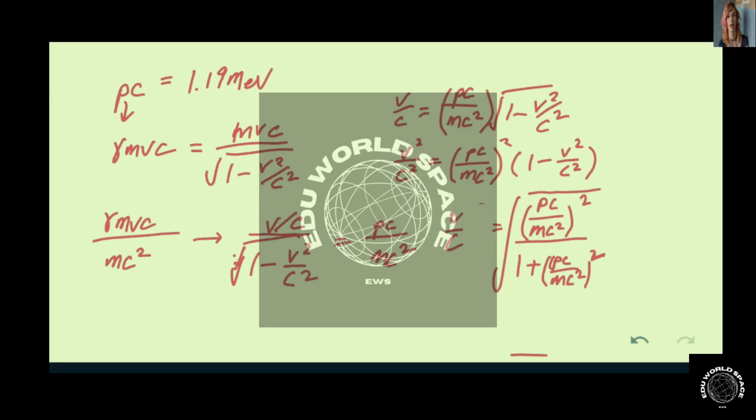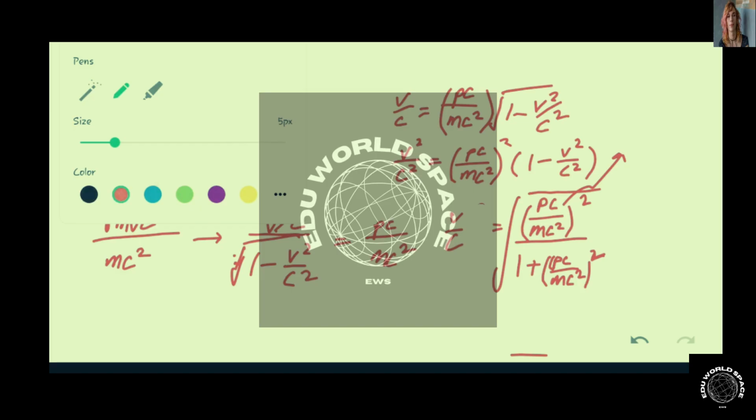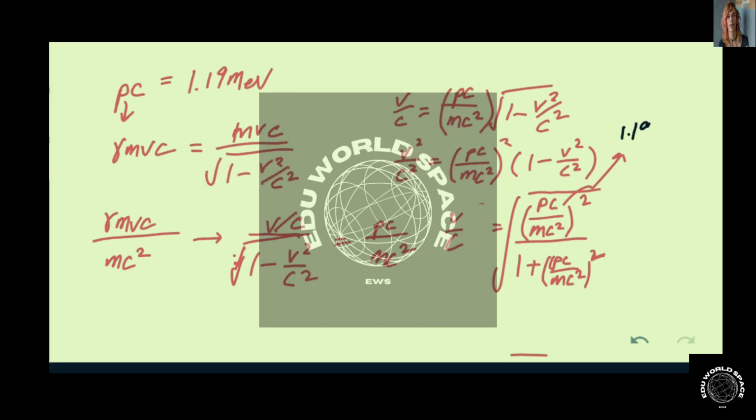And now we just put in the values. p c is 1.19 MeV. m c squared depends on what particle you are looking at. If you want to look at the electron, you put in 0.511 MeV. For protons, you put in 938.3 MeV.